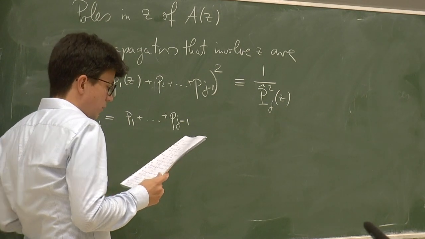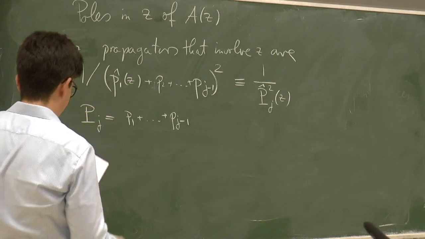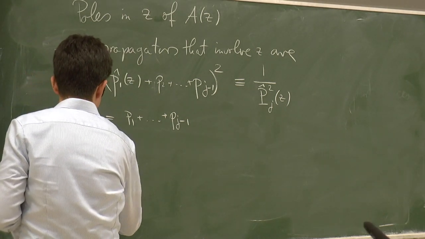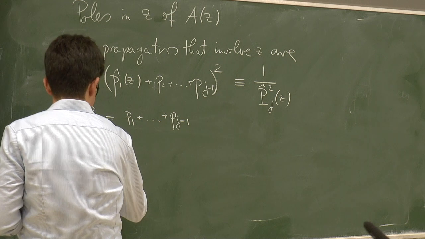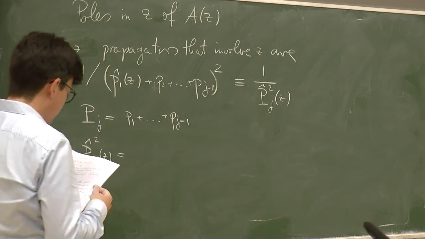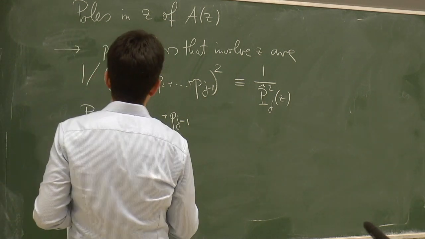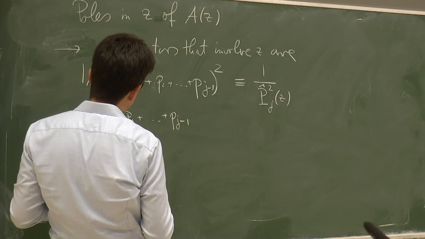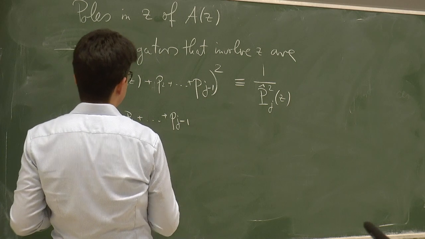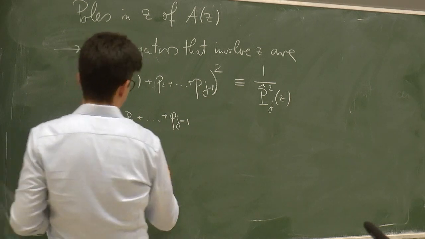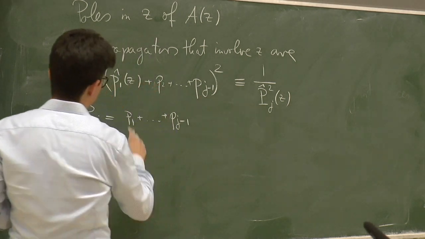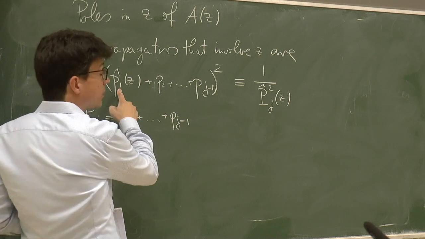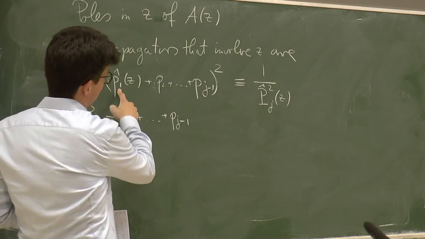Now we can just compute what this is. So what is the shifted Pj squared? We can separate this. P1 hat squared is 0 because it's on shell.